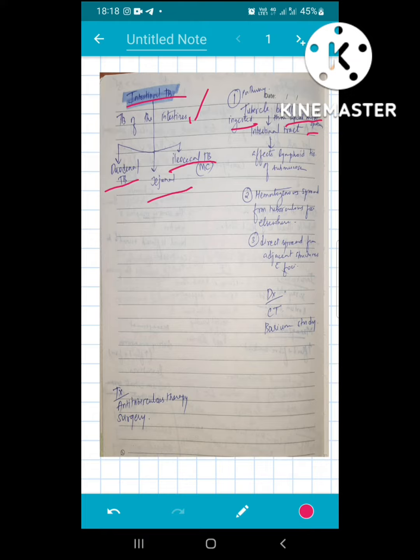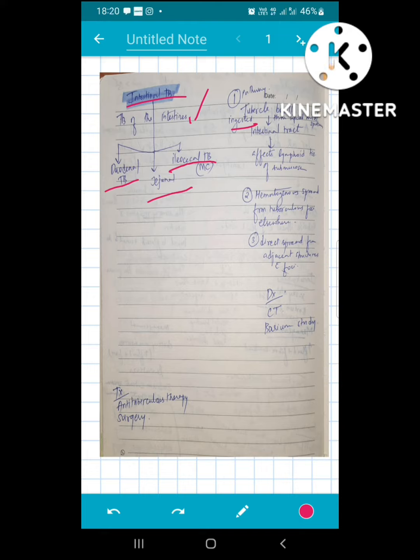If the human ingests it without pasteurizing the milk, it will reach the intestinal tract directly, and then it affects the lymphoid tissue and the submucosa of the intestines. So that is one thing, that is if it is ingested.